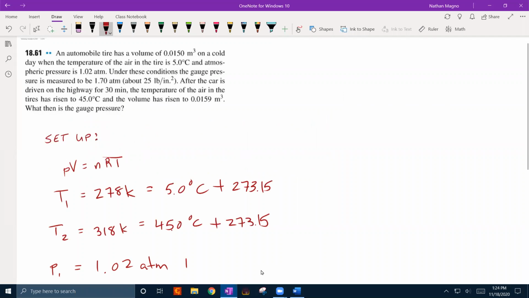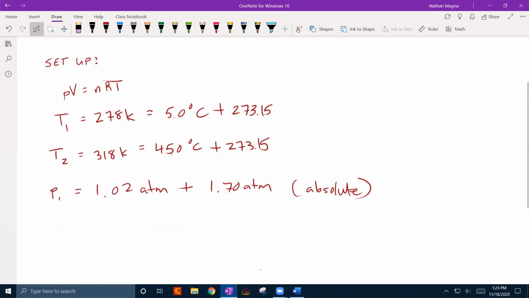So we need to add that together. And I'll put in parentheses, that's absolute. All right. And that equals 2.72 atm.